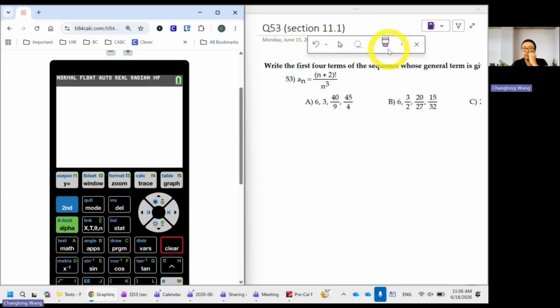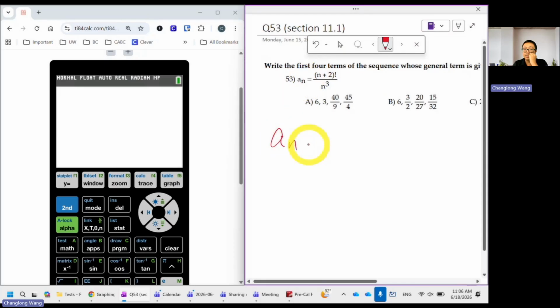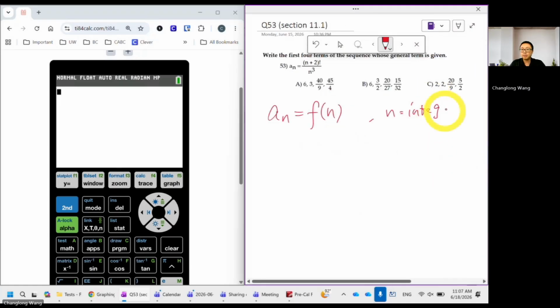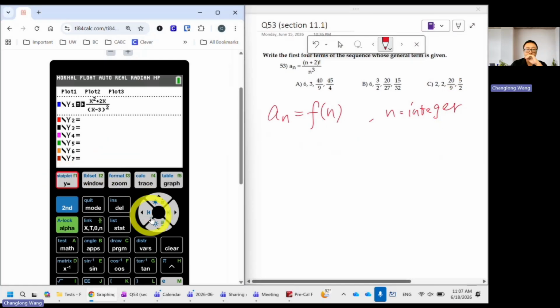Now, the way I'm going to type the sequence in the calculator is treating the n like a variable. So let's say a sub n is pretty much like a function of n. It's just that n has to be an integer. So I know how to define functions, right?